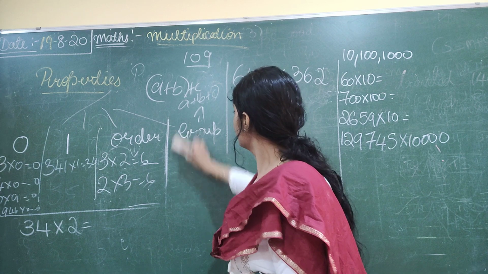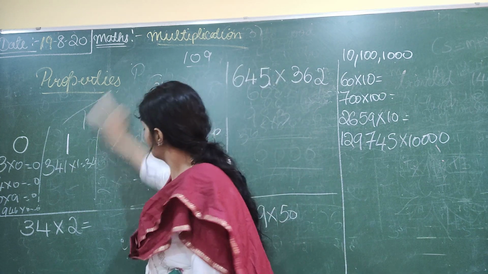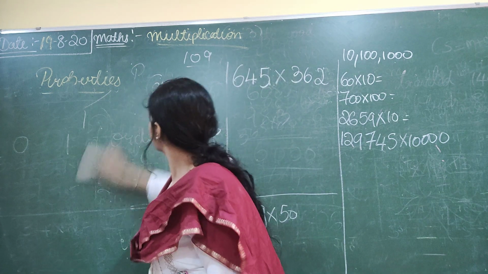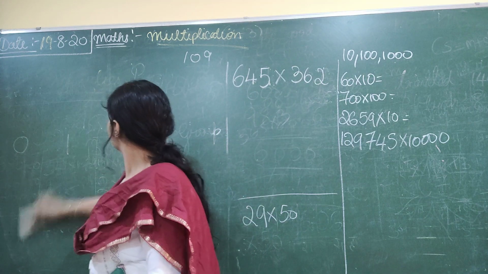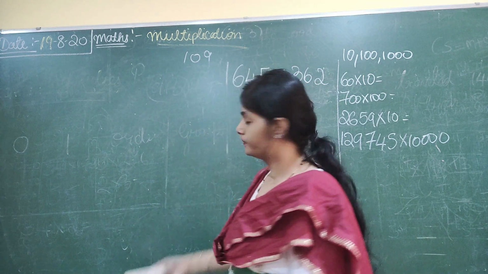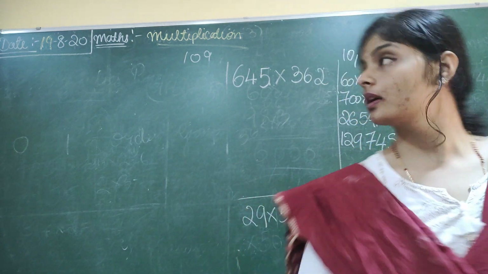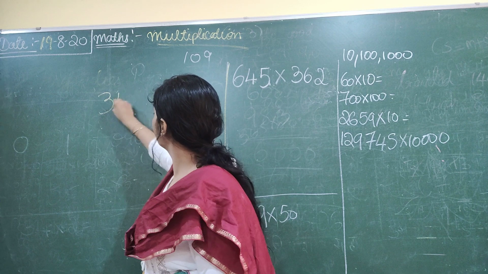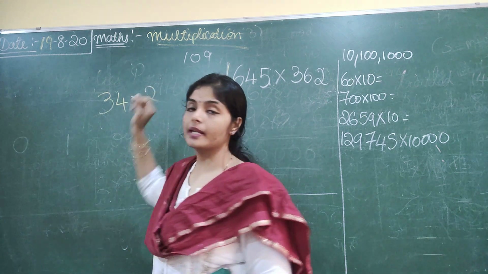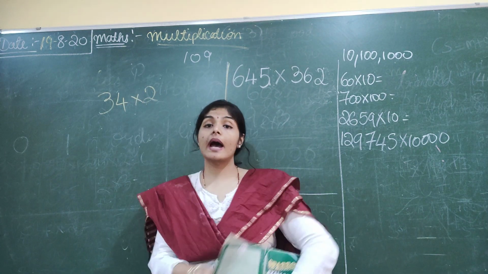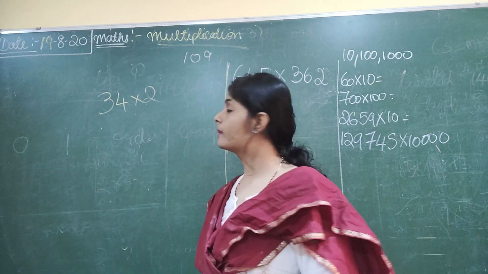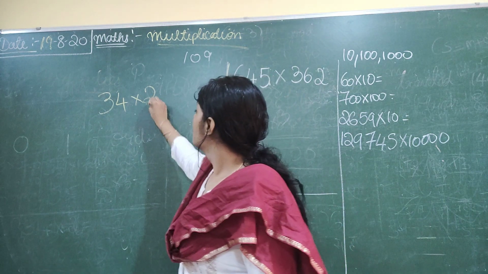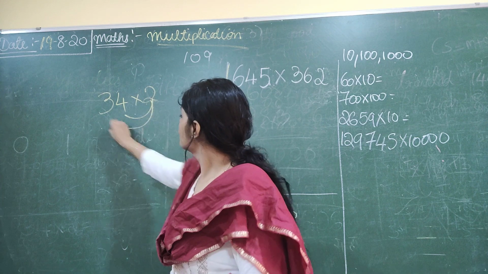Okay. Next one is multiplying into one number. Now you have 34 into 2. How will you multiply? You have one number, no, children? How will you multiply this? 2 4s are, 2 3s are.